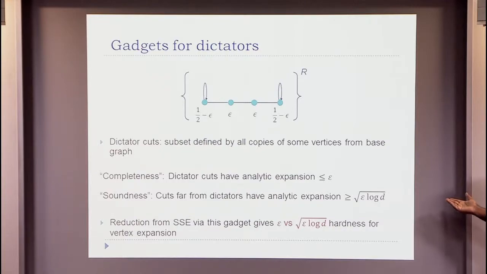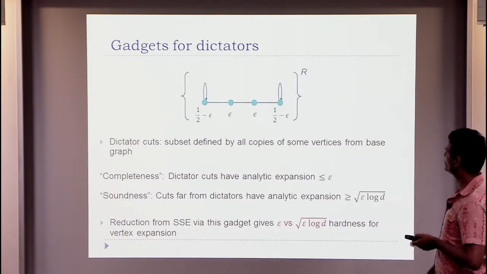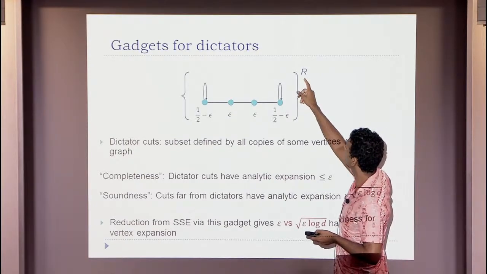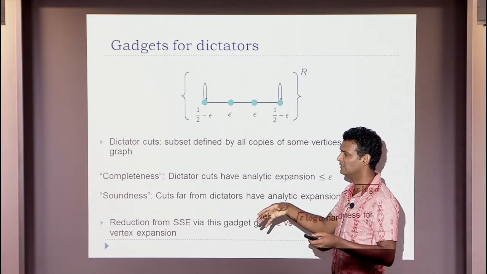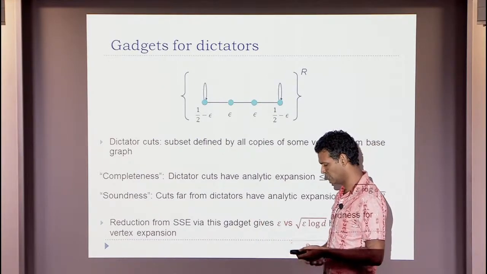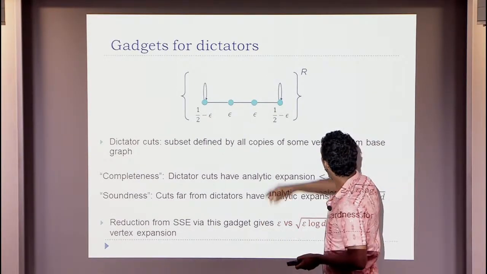This is a combinatorial claim. Where does D show up? D is already there in how we power this up.